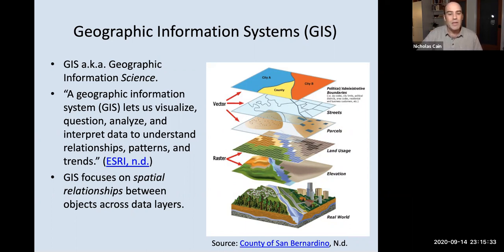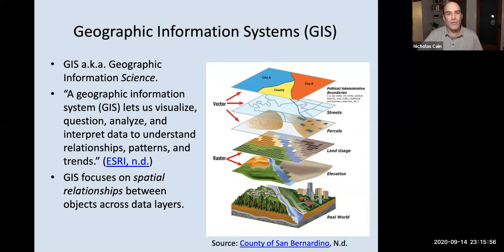These objects can be points representing things like cities or towns, polylines, which could represent things like roads, polygons, which represent areas, buildings, political boundaries, geographic or political boundaries, and all kinds of other data.